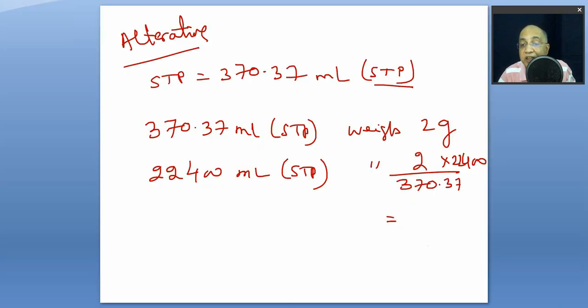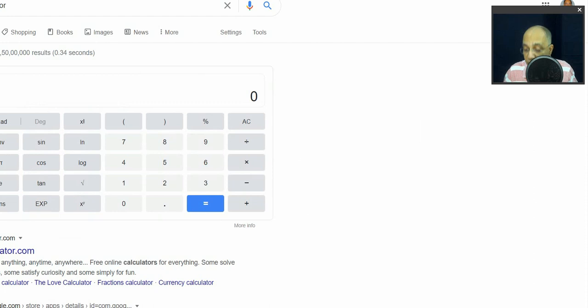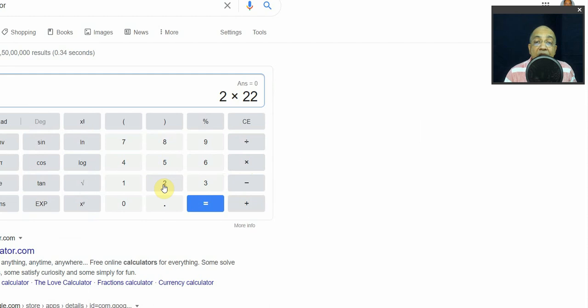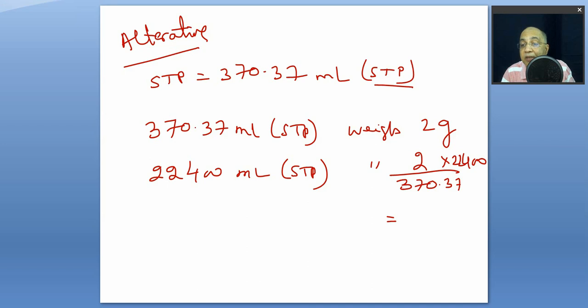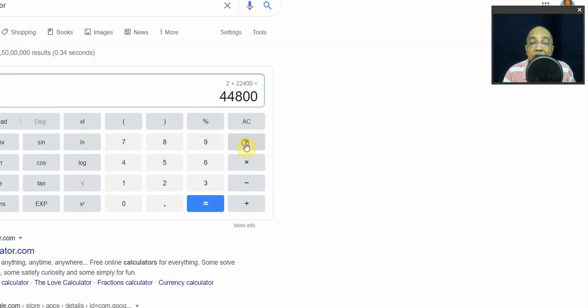Just let us see. 2 into 22,400, divided by 370.37, equal to this, in gram.